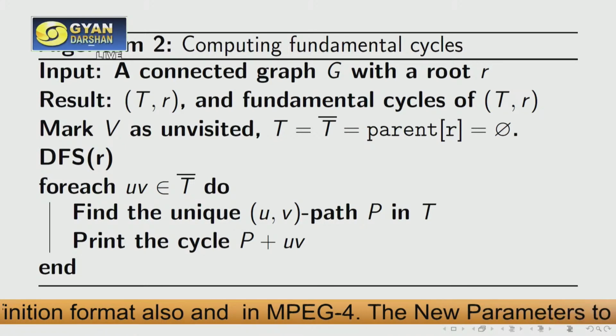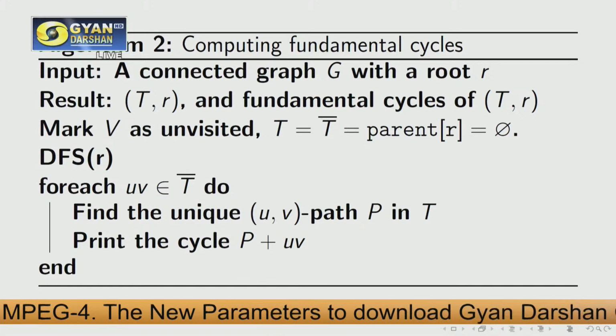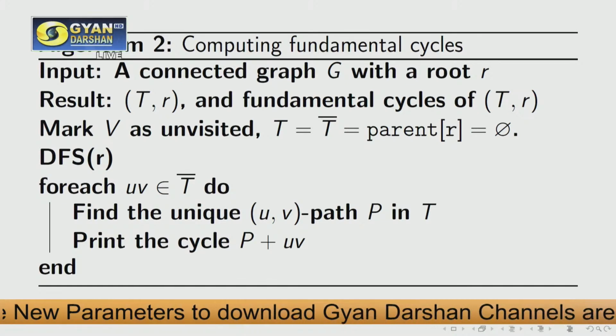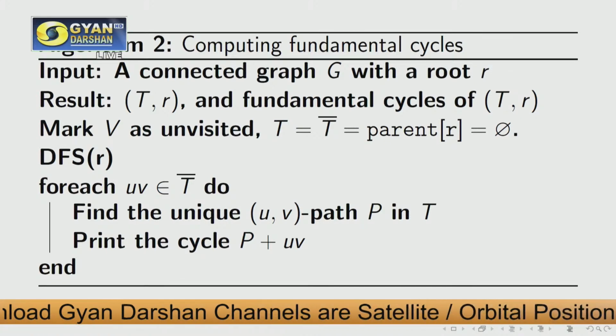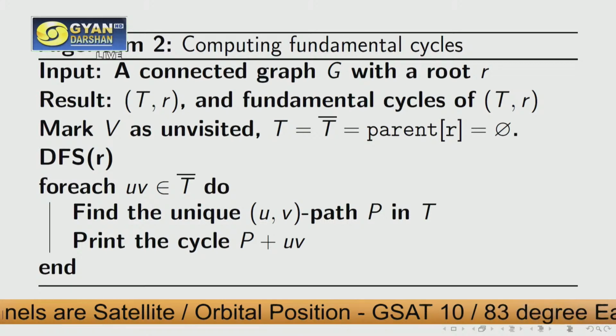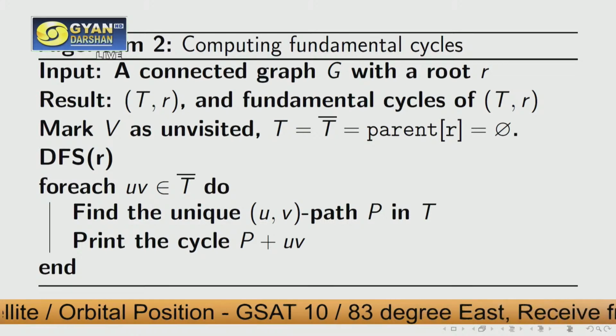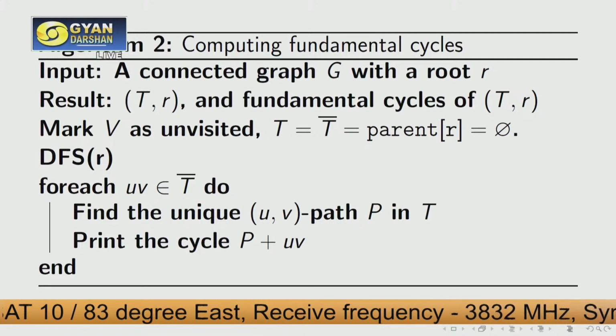Once this initialization is done, we call DFS(R). This DFS is slightly modified. We shall see what this modification is. Once DFS(R) is called, we get the list of edges of the spanning tree T, T bar, and an indexed list parent.